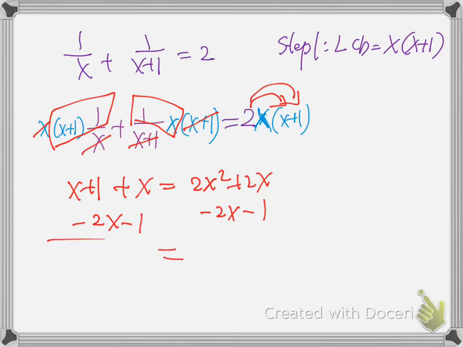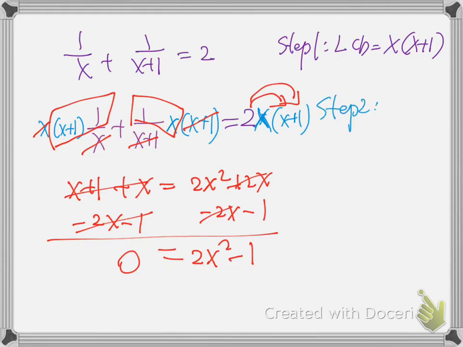Then we got a new equation. So everybody on the left canceled, 0. And then we got 2x squared. They canceled, minus 1. Okay, so now you can use the quadratic formula, or you can use, so let's put step 2 here, multiplied by LCD, right?